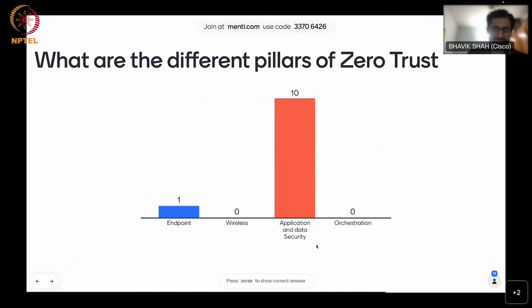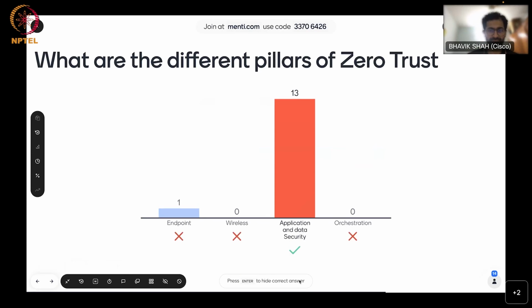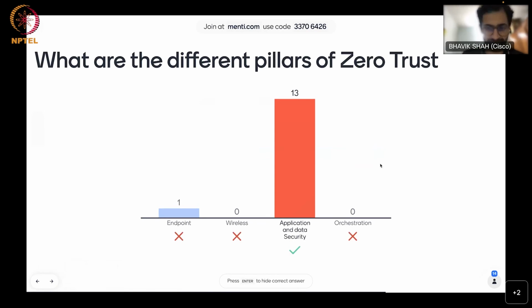Yes, it's application and data security. The other pillars are identity, network security, and data. Yes, that's correct.